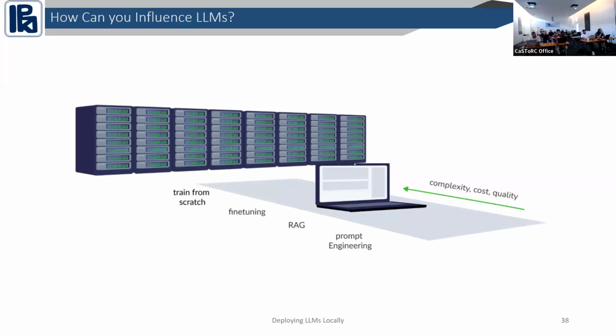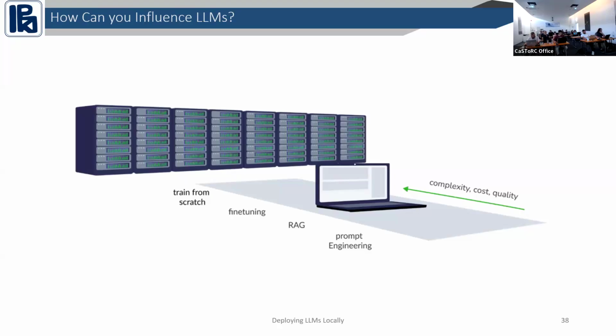So first, you can try with different prompts. You can do better prompting, and then you can try to make the model respond to what you need. This is easier to do. And then you can move into RAGs. You can provide extra information to the model through some database. And effectively, you need to spend some time, you increase the complexity and so on.